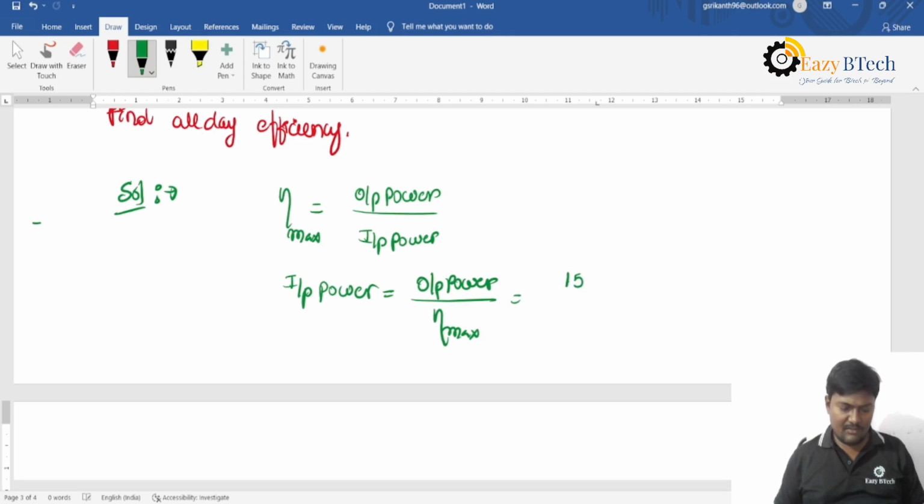So 15 kVA divided by 0.98, I am typing in the calculator, that is 15.306 kilowatts.